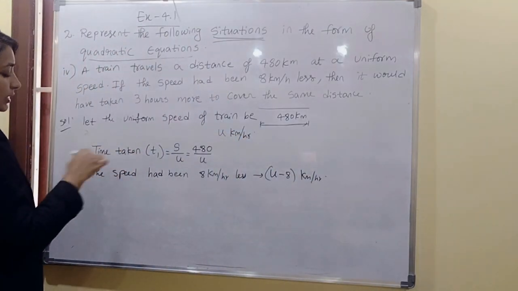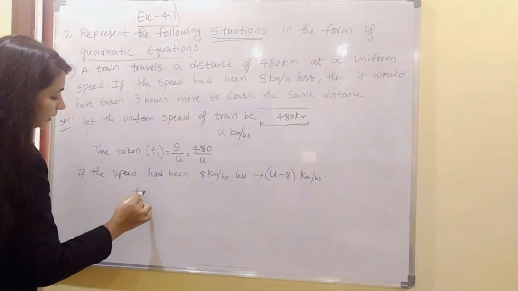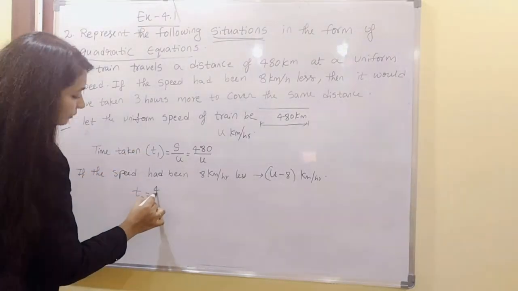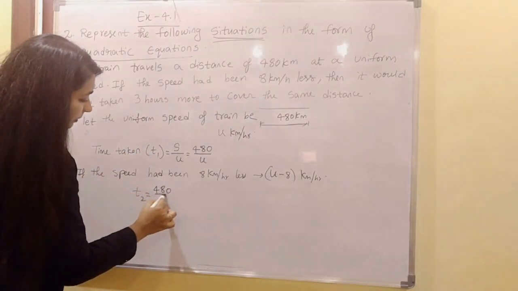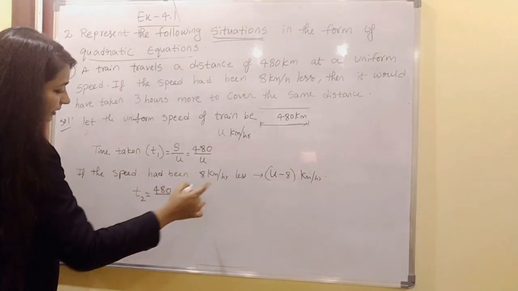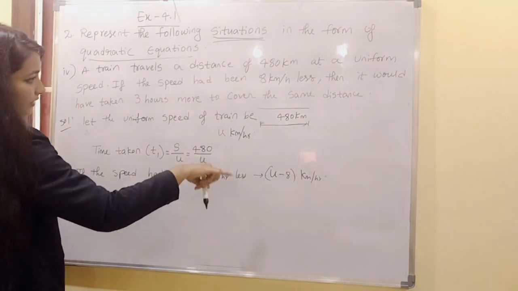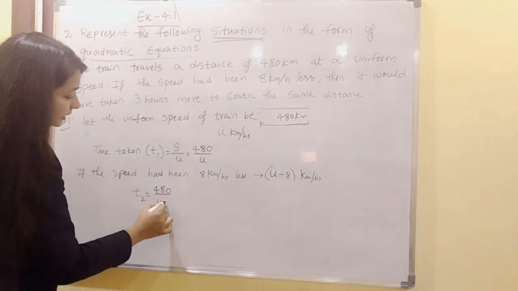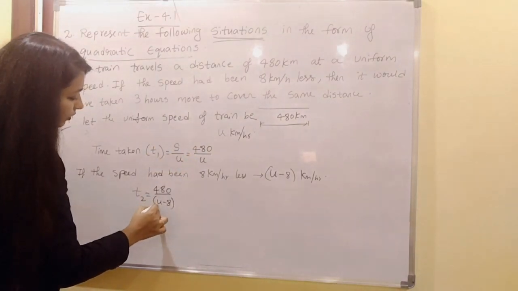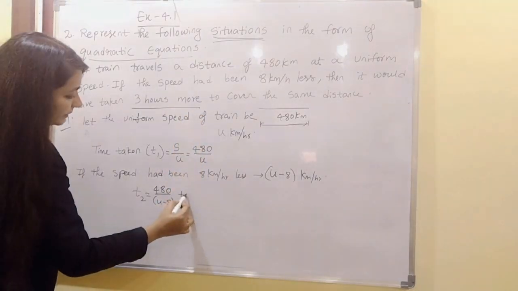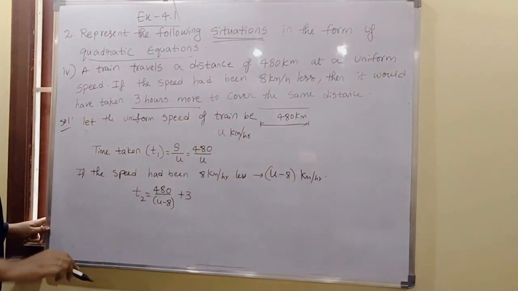Then the time taken is t2. It is the same distance, 480 by the speed, which is u minus 8. It is taking 3 hours more, it means plus 3.